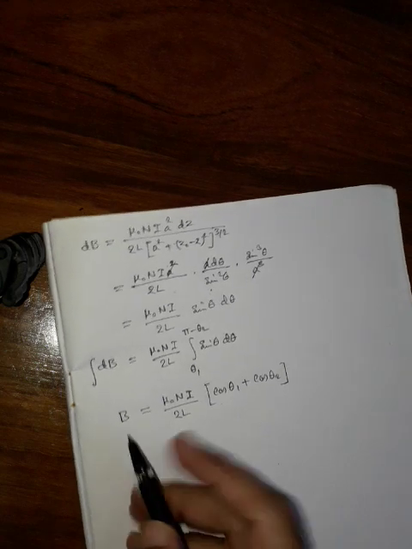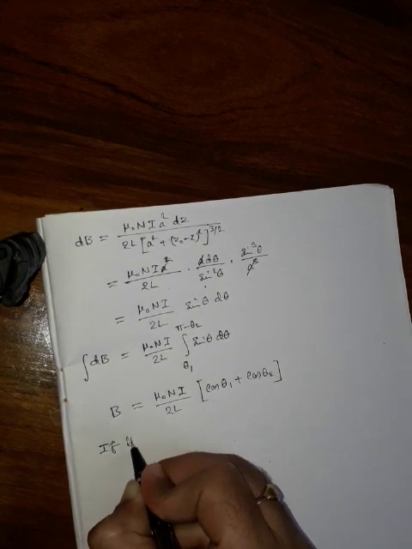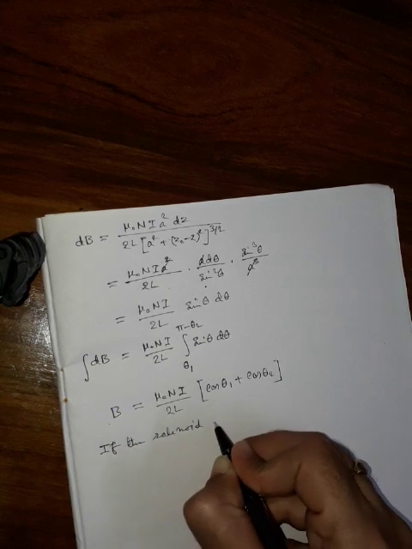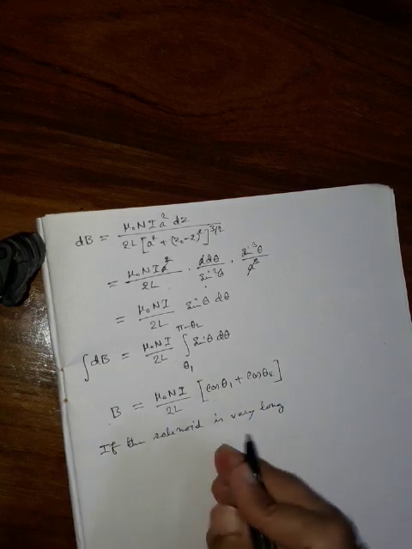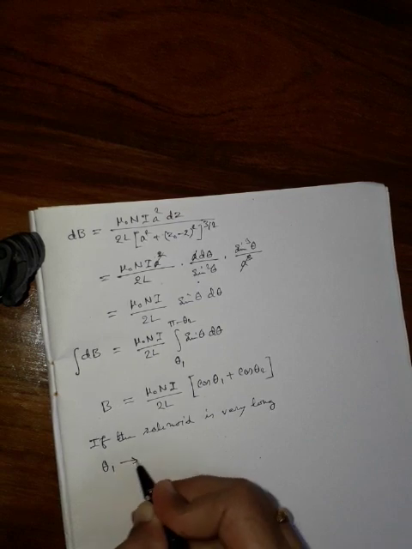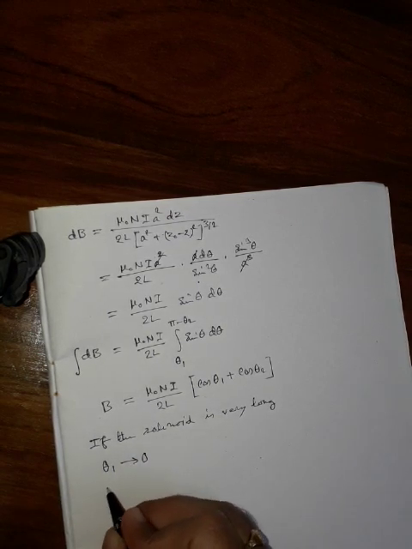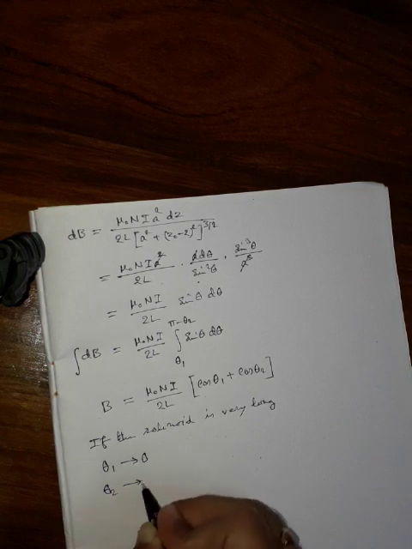Now if the solenoid is very long, then theta 1 will tend to 0. Similarly, theta 2 will also tend to 0.